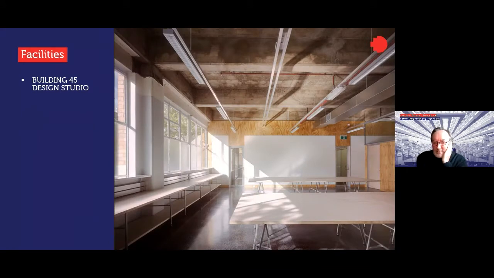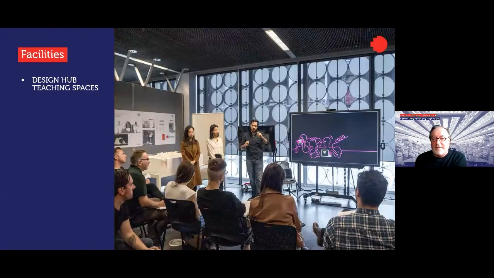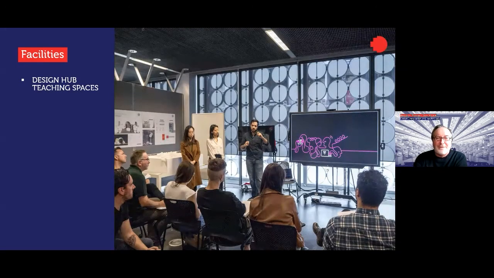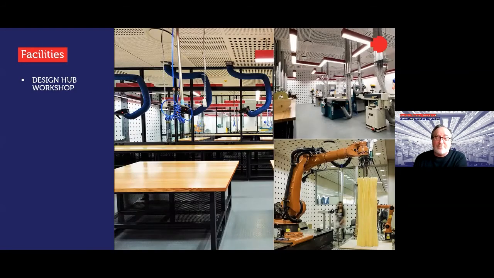Just very quickly, and I guess we're running out of time, I'll flick through the facilities of RMIT. We have design studios, the Building 45 Design Studio. Next slide. Building 100, the Design Hub, teaching spaces that we access. Then the Design Hub workshops: lasers, robots, a traditional workshop, all sorts of things within that.